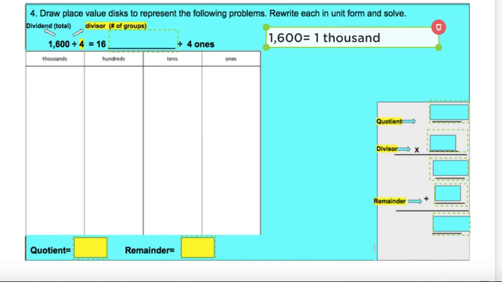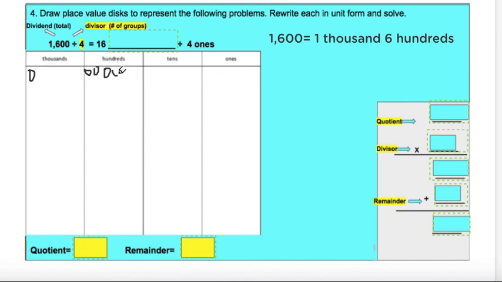And how many hundreds? 1,600. There's my 1,000. Here's my 600s.